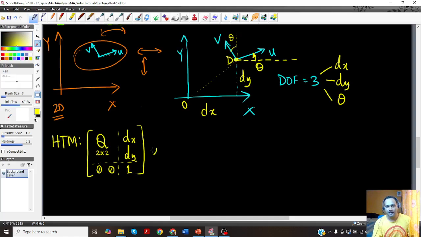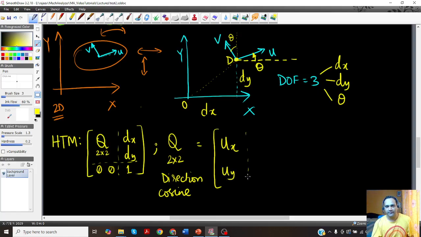Now dx, dy is already known to you. Now what is this Q matrix? Q matrix is known as the direction cosine matrix or rotation matrix. It basically has components ux, uy, vx, vy. Now what are ux, uy? This u vector is considered a unit vector. Similarly, the v vector is also a unit vector.